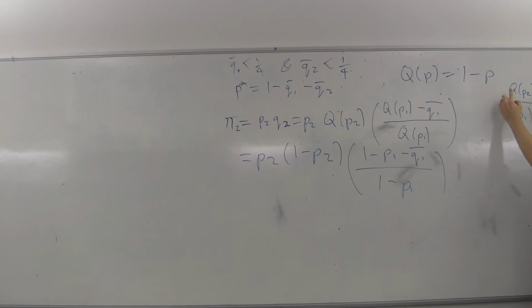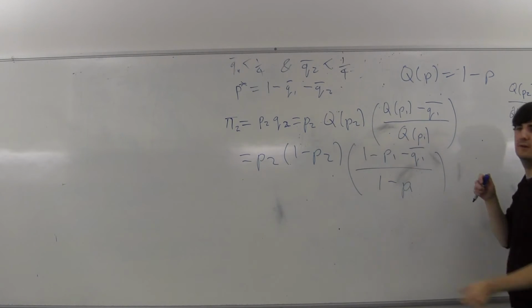So as a proportion, it's Q of P2 over Q of P1. How many people were coming to buy in total? Q of P1, all the people who were prepared to buy from a cheaper firm. These two bits cancelled out, and that gave us the Q of P2 case there.